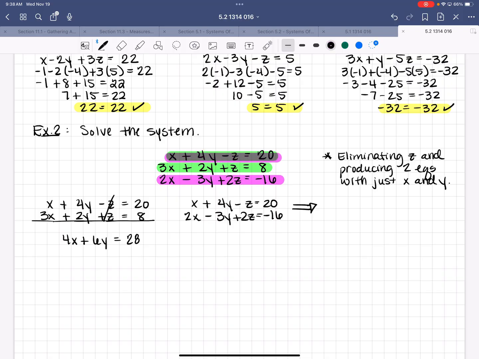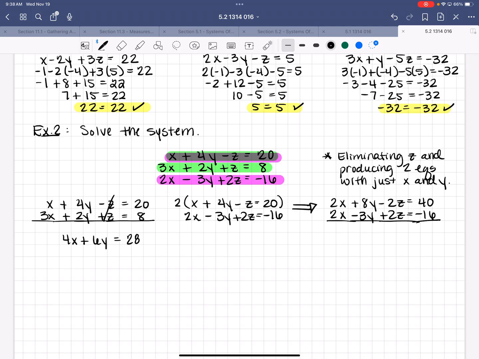So I'm going to multiply that top one times 2, right? And here's that over there. That's 2x plus 8y minus 2z equals 40. And 2x minus 3y plus 2z equals negative 16.